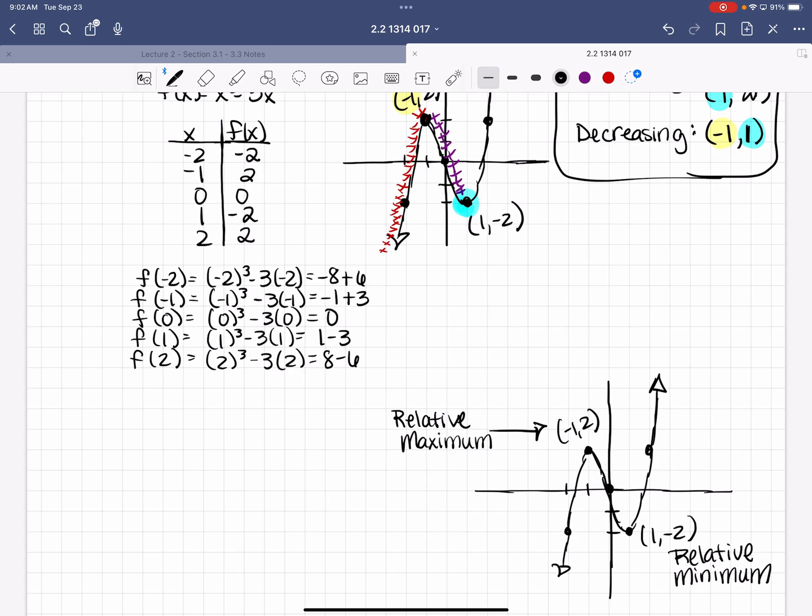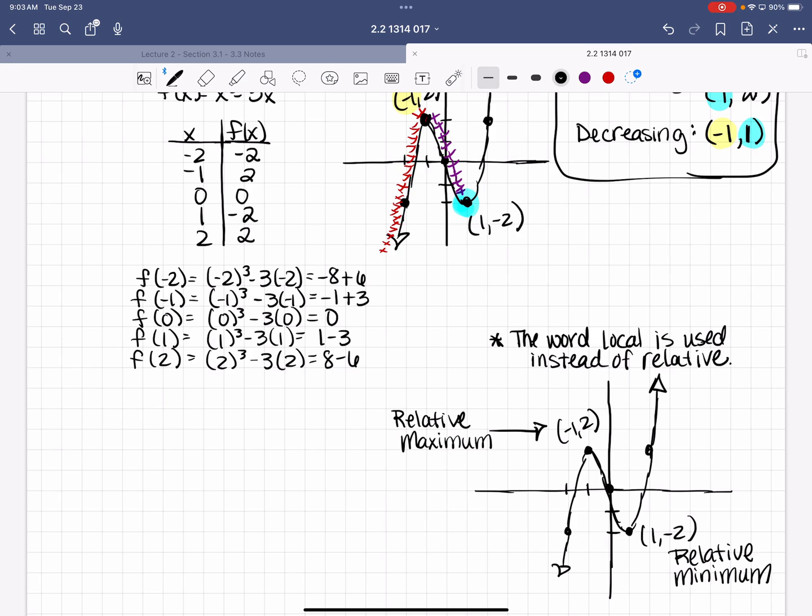Sometimes the word local max or local min is used instead of relative. If you take more math courses and different textbooks, sometimes you'll hear it called a local max or a local min.